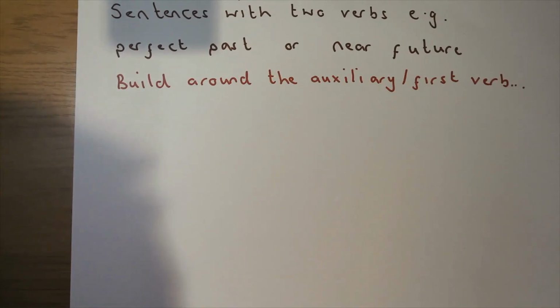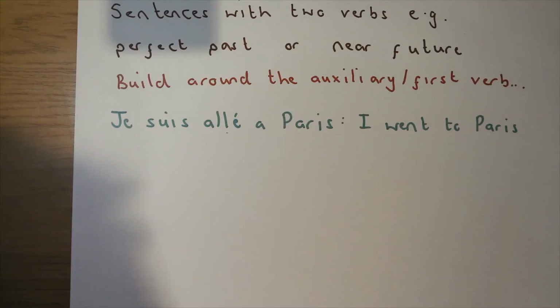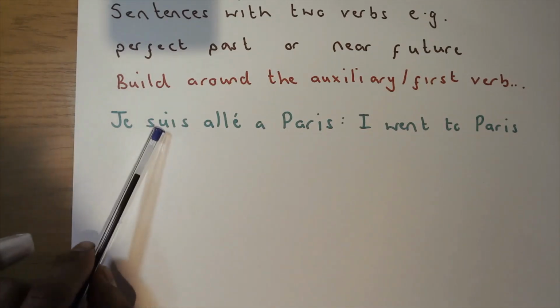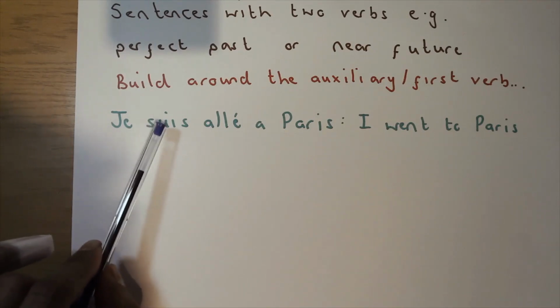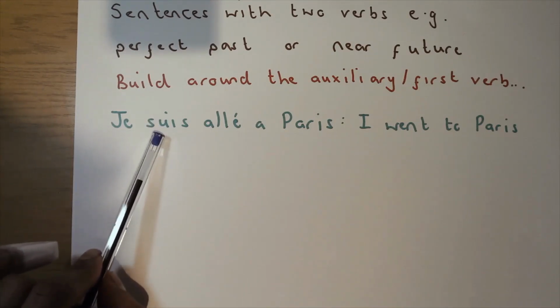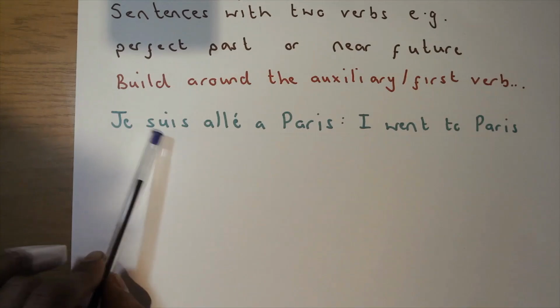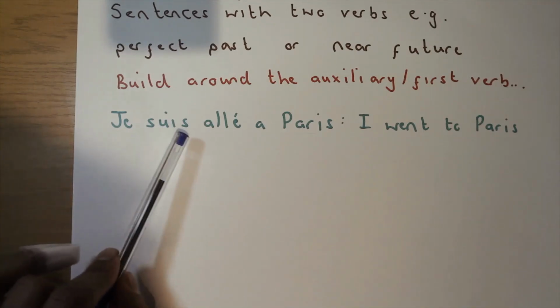So if you have an exemplar sentence of je suis allé à Paris, which is I went to Paris, I look at my sentence and I need to spot which one is the first or the auxiliary verb, and in this case we can quite clearly see it's suis. So again, we need to build around this verb. So I want to say, in my example, I never went to Paris. So I look at my list of negative structures, and ne jamais is never.